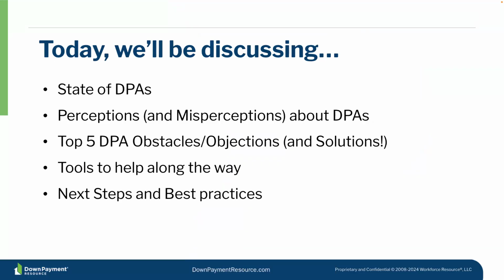So as I mentioned, we're going to be kicking things off with a brief overview of the current state of down payment assistance programs. From there, we'll dive into the perceptions and misperceptions surrounding DPAs, specifically looking to tackle the five most common obstacles and objections that we hear when it comes to working with these programs. We'll be addressing those challenges head on, sharing insights and feedback from your industry peers.